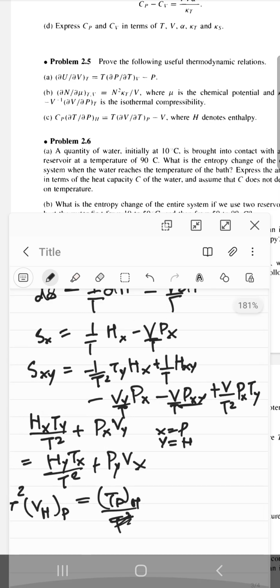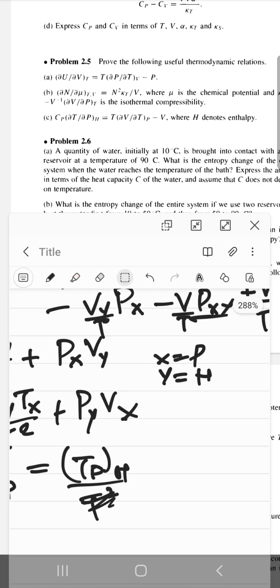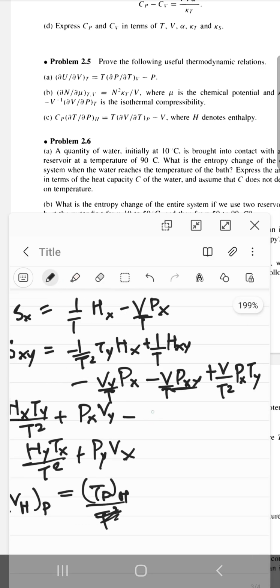So that's where that extra term is coming from. And so the actual full equation would be something like this thing minus V upon T square p sub x T sub y, and over here as well minus V upon T square p sub y T sub x.